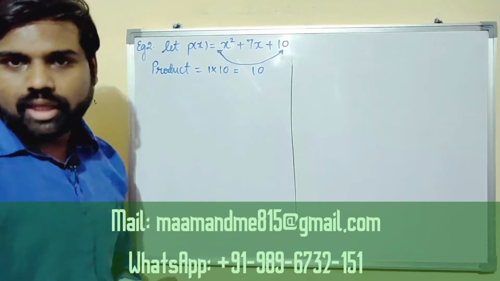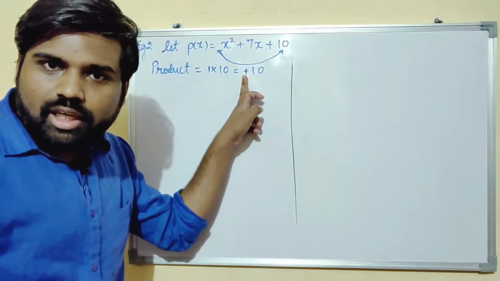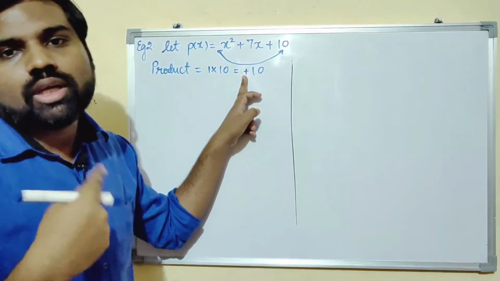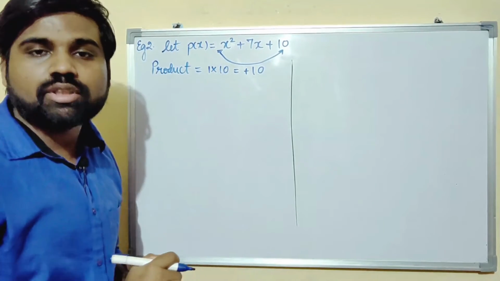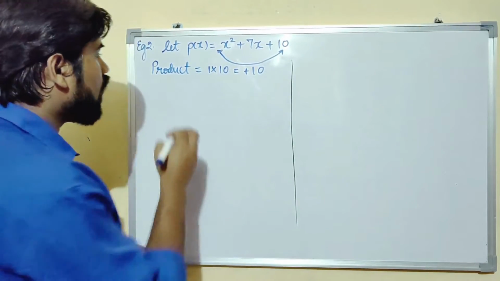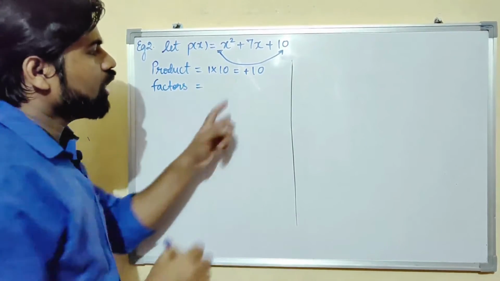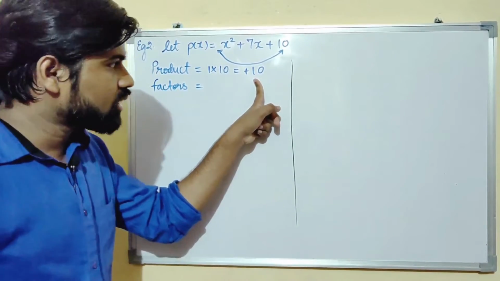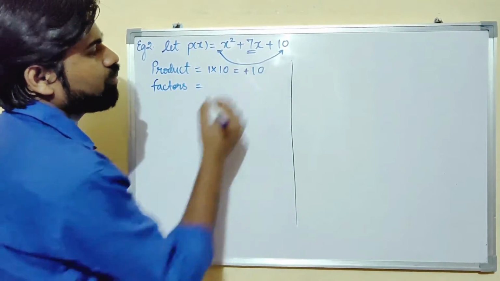Here it is plus 10. This sign will tell you whether you have to take the sum or the difference. Since it is plus 10, you have to take the sum. Now we have to find the factors of 10 such that the sum of the factors is your middle term 7.